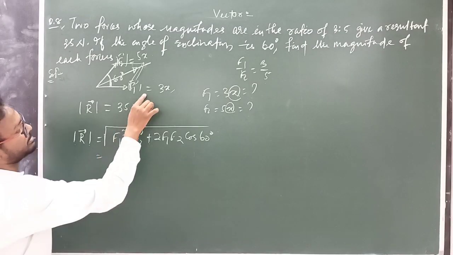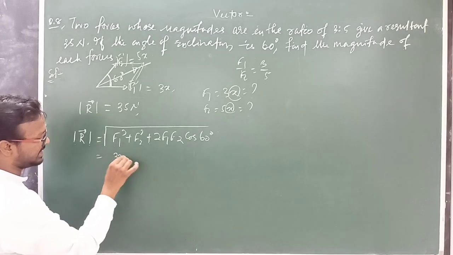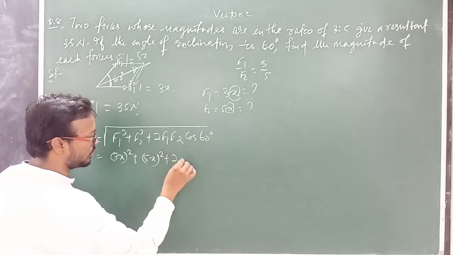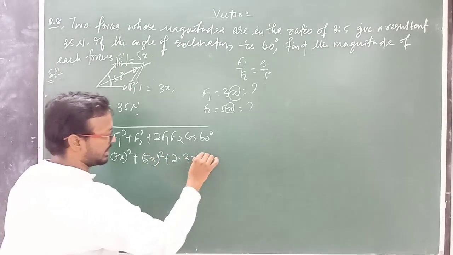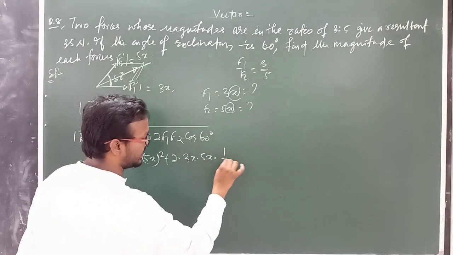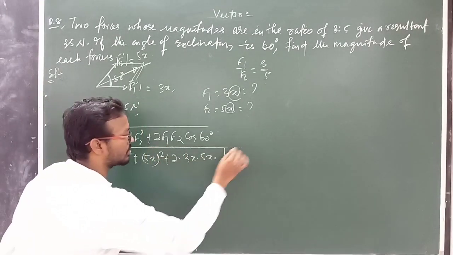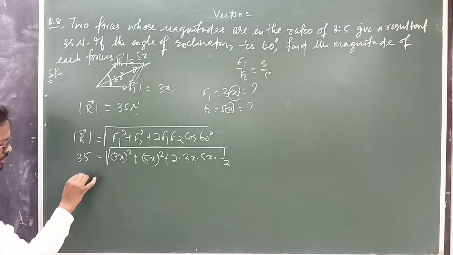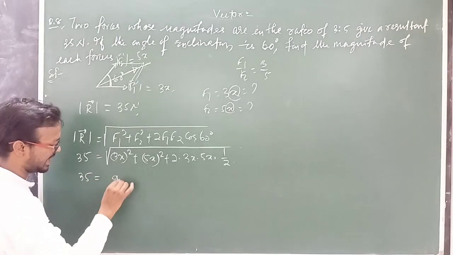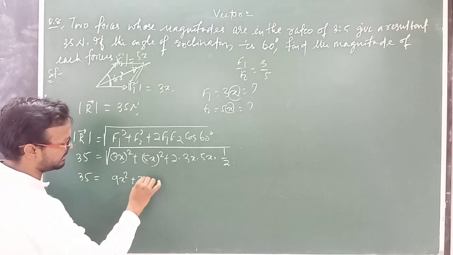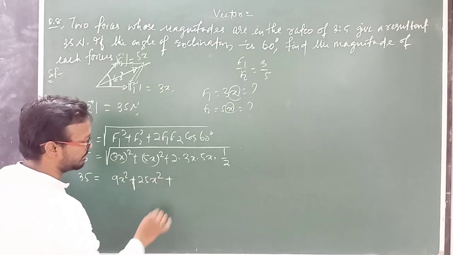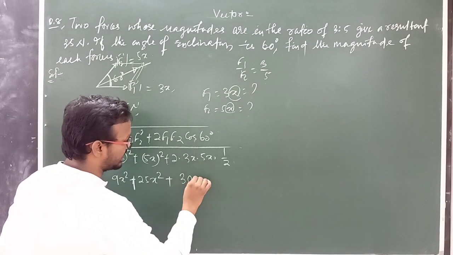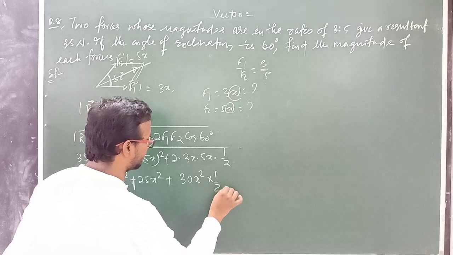So what is F1 square? The magnitude of F1 is 3x. So you can write the square root of (3x) square plus (5x) square plus 2 into 3x into 5x into cos 60, which is 1 by 2. Clear? The magnitude of the resultant vector is given, 35 Newton. So 35 equals the square root of 9x square plus 25x square plus 30x square into 1 by 2.